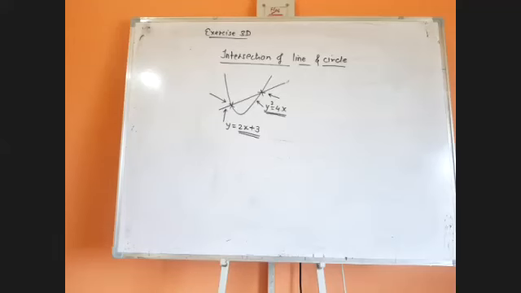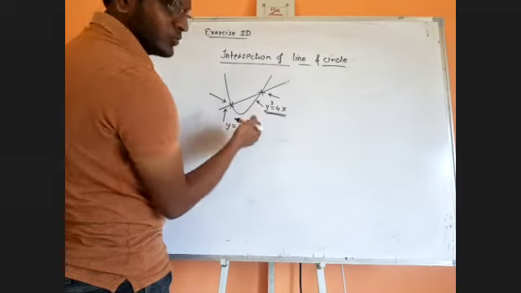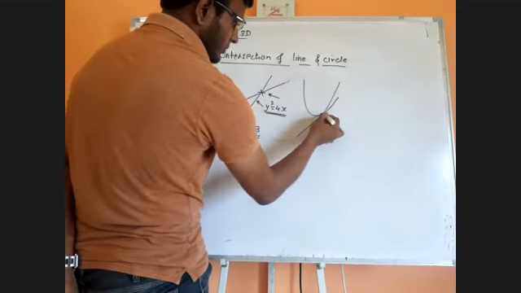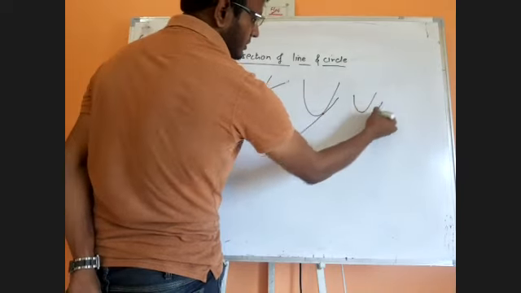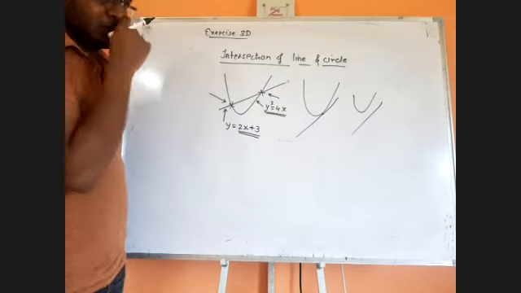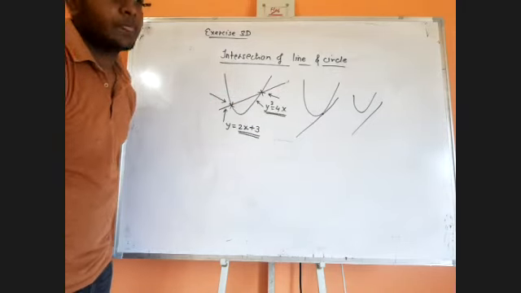If it cuts at 2 points, that quadratic equation will have two solutions. If it cuts at 1 point, then that quadratic equation will have only one solution, and if it does not cut, then that quadratic equation will have no solution. These were the possible cases that we discussed for the intersection of line and parabola. Do you remember?